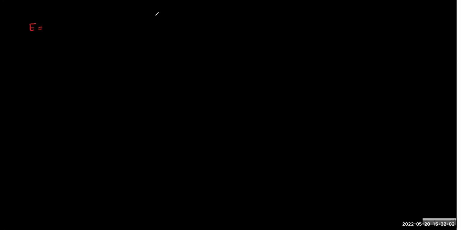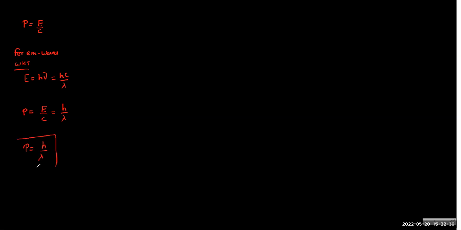So momentum we can write as E by C. For EM waves, we know that energy we write as h nu, called Planck's law, or hc by lambda. And the definition of momentum says it is E by C, which will give you h by lambda. So now we know why we write momentum as h by lambda. Yes, sir.